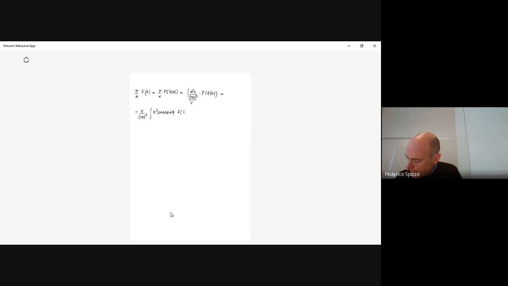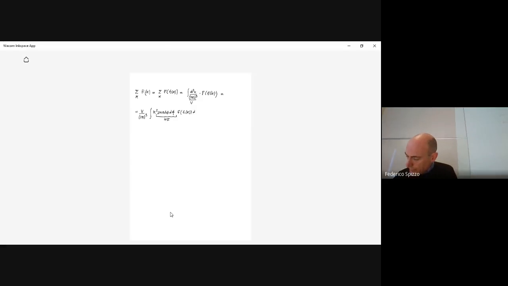And then we have again F of energy of K. Due to the fact that the energy does not depend on the two angular variables, we may integrate over them. And the integral of that is 4 pi, the surface of the sphere.